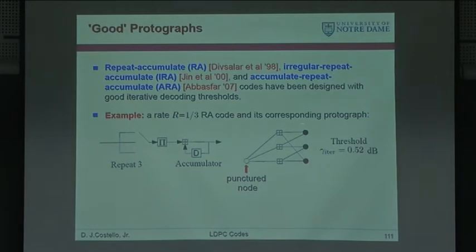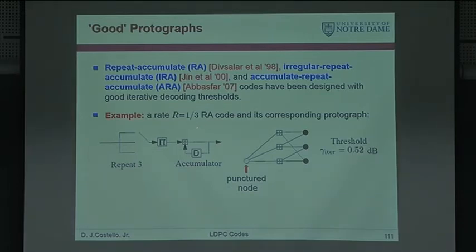Given this graph representation, and this is a small graph because this is so simple, what makes the code bigger is you would have a big interleaver in here. But you can analyze the performance based on the small graph, which would basically correspond to the case where you don't have an interleaver here. And you find out that the threshold is 0.52 dB.